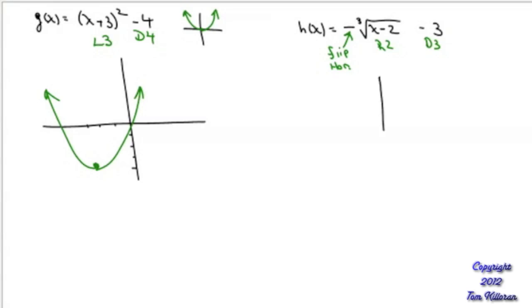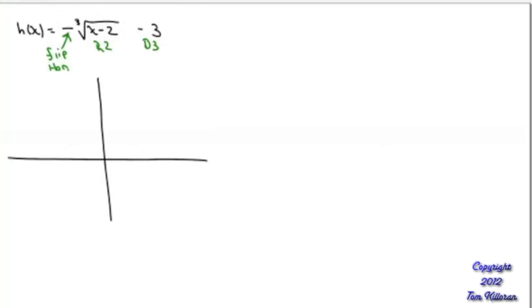All right, so I need to move this right 2, down 3, and I need my reference lines for this one. Reference line here at y equals negative 3, and reference line here at x equals positive 2. It's a cube root, and that's why I like my reference lines, because cube root's not as nice as a parabola.